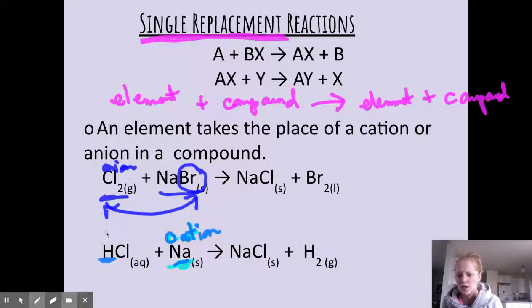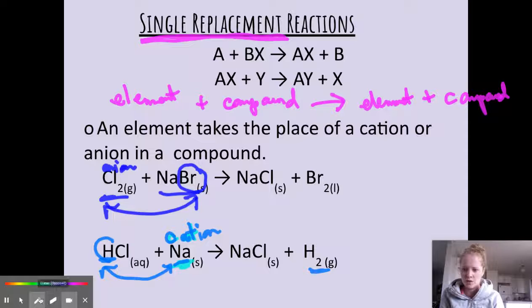So hydrogen is your cation here, and hydrogen and sodium are going to switch. Now we get sodium with chloride and hydrogen on its own. Because hydrogen is on its own, it still has to be H2 because it is diatomic, even though it wasn't H2 on this side. When a hydrogen is just on its own, it has to be diatomic. We'll do a couple more examples once I've introduced them all to you again.